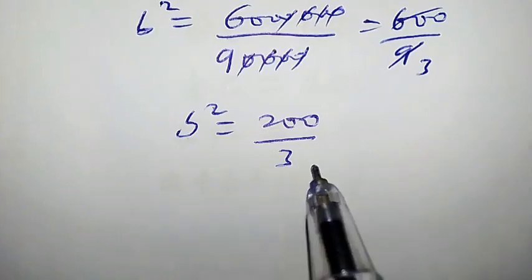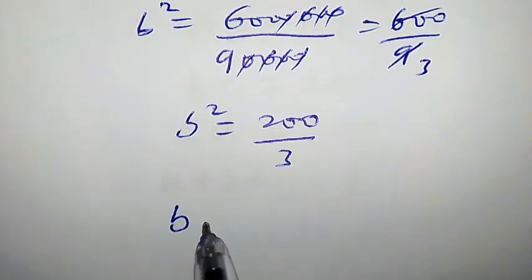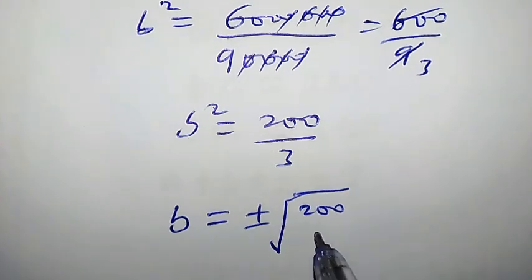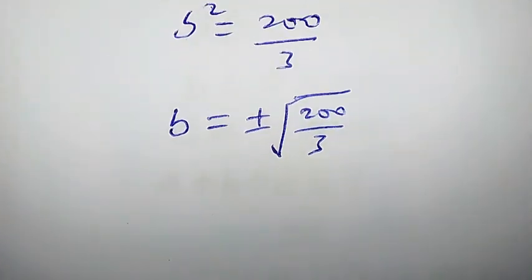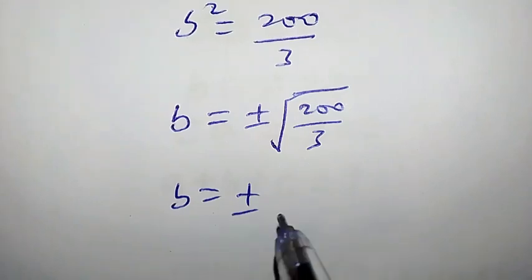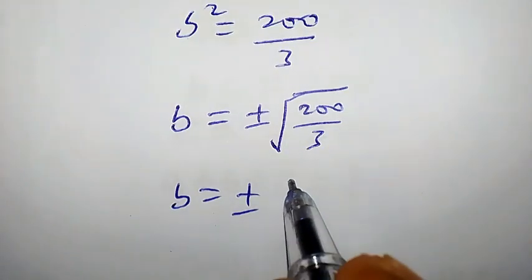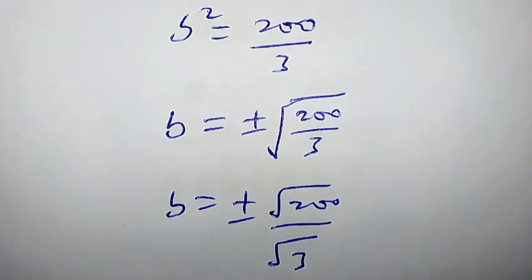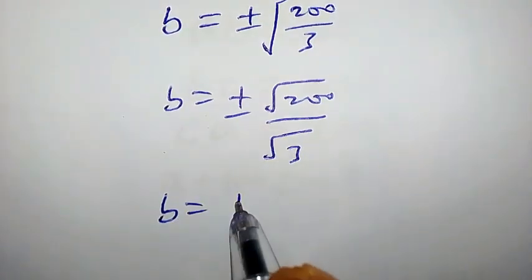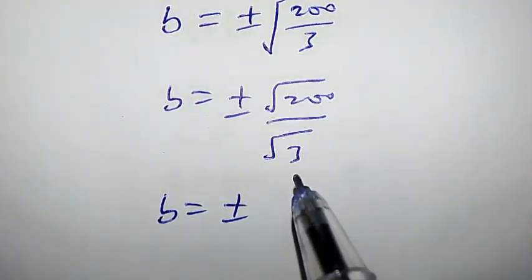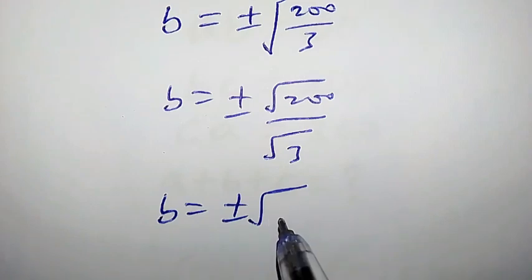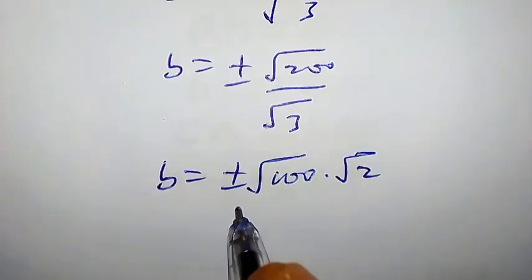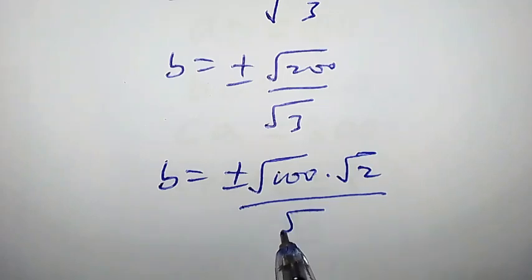Let's take the square root of both sides. So we're going to have B equals plus or minus square root of 200 over 3. We can write this as square root of 200 over square root of 3. So B equals plus or minus square root of 200, which is the same thing as square root of 100 times square root of 2, over square root of 3.